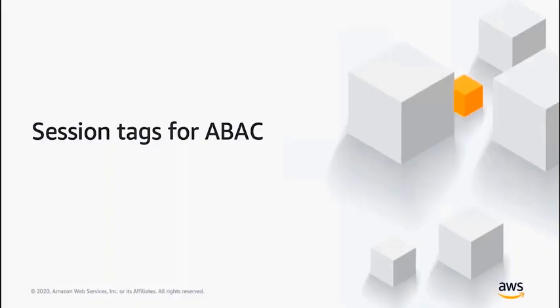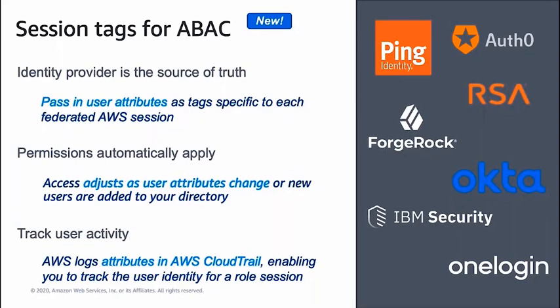So it seems like we have everything working great now. Are there any issues? All these can work, but you still need to maintain multiple roles just for the sake of tagging. And this is where session tags become useful. Session tags allow the identity provider to stay the source of truth and to enjoy the scalability benefits of ABAC.